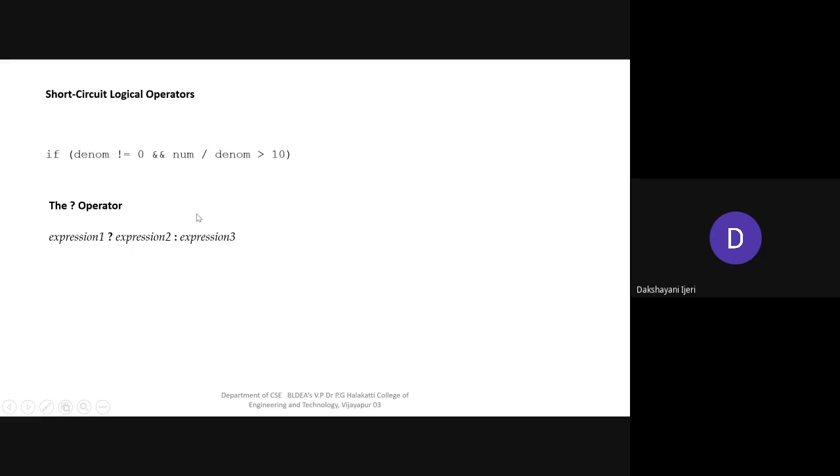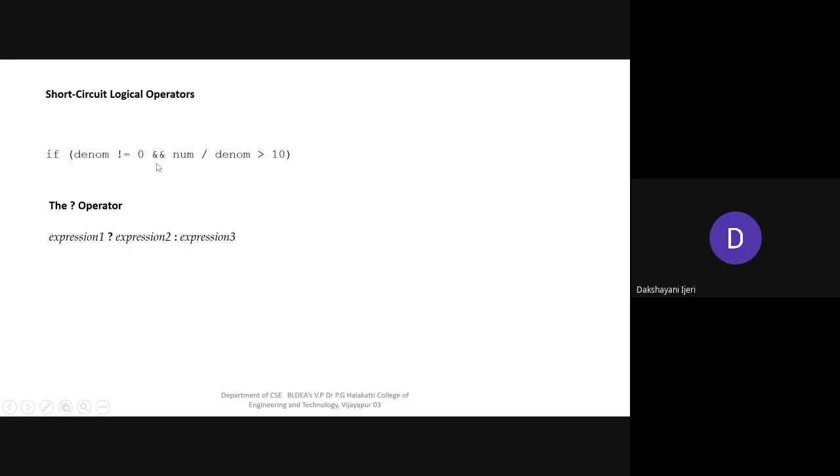What is the purpose of using the double symbol? Suppose you use a single AND symbol, it is just an AND operator where it is going to check both conditions, both on the left side as well as the right side. Suppose you use this short circuit logical operator, it is only going to concentrate on the result of the left side expression. If the left side expression is true, only at that time it is going to execute the right side operation. You are getting it, right?